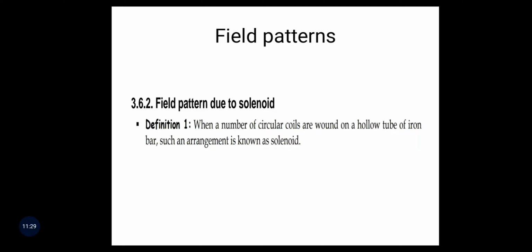If we take an iron rod, an iron bar, and a wire is turned around the iron rod, and we take the current carrying conductor and turn the wire around the iron rod or iron bar, then that arrangement is called a solenoid.